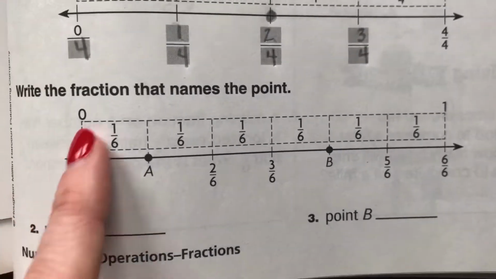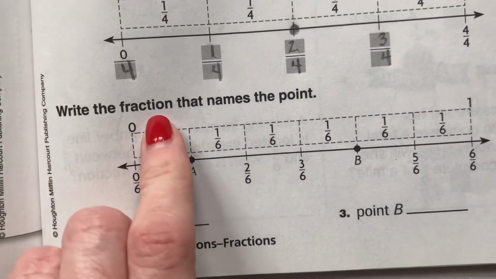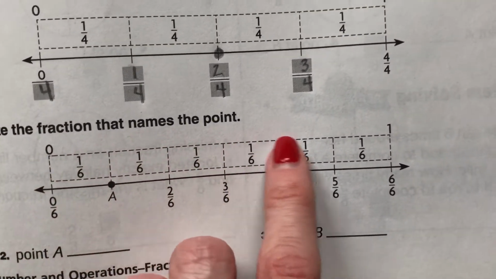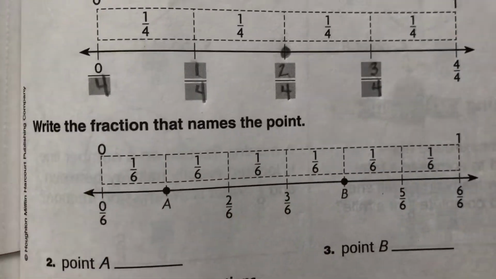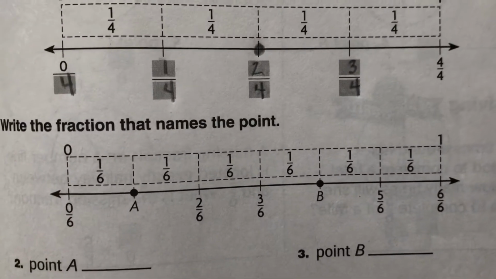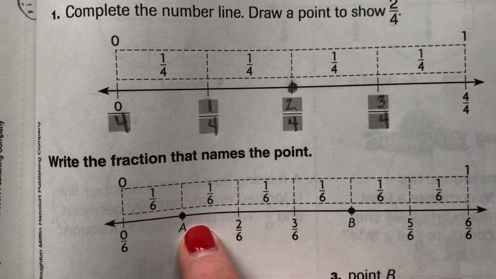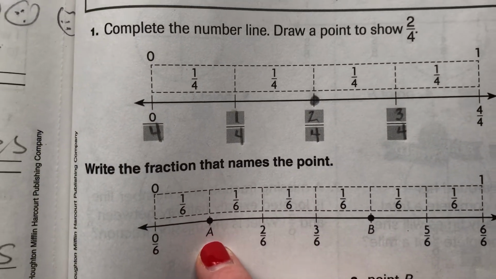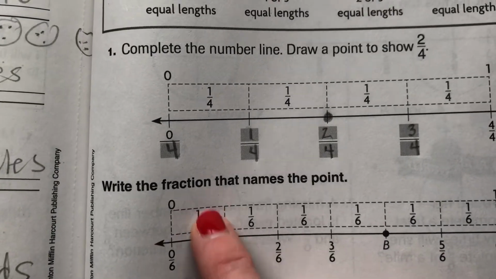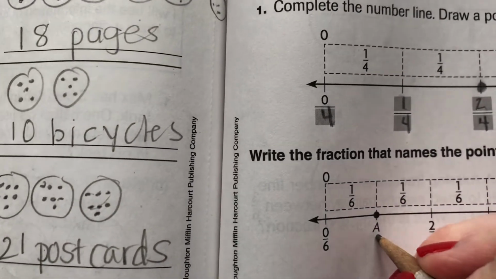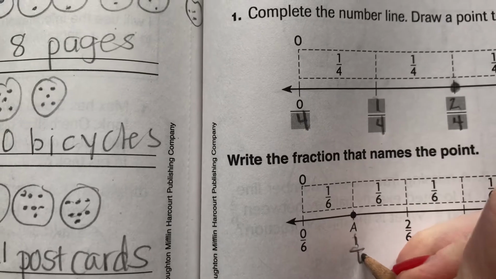Okay, so it says here 1/6, 1/6, 1/6, 1/6, 1/6, 1/6, or 6 fraction strip parts. So over here I have 0 out of 6, then I have a blank here, A. Because I have one of my fraction strips, this would be 1/6.